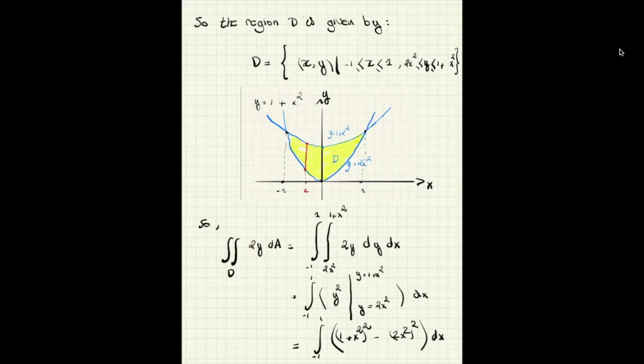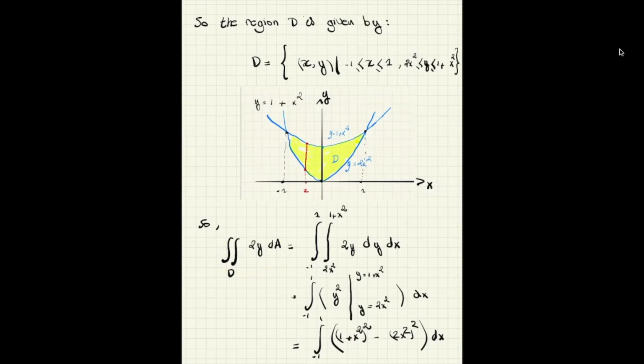Why do we need to use a double integral? Well, what do you mean? I mean, this is a double integral. If this is a practical problem that you can solve with only one single variable, then yes, you can solve it. But here we're just giving an example of a double integral.